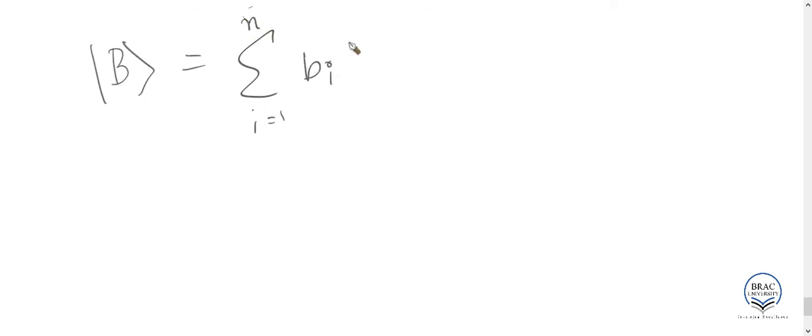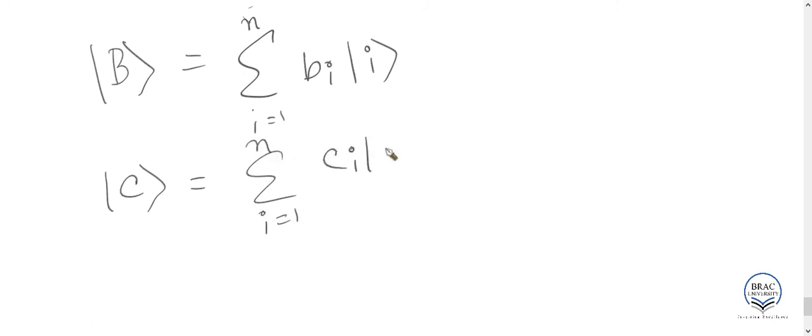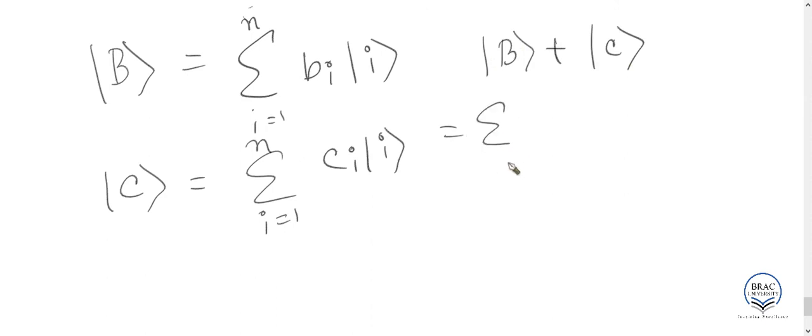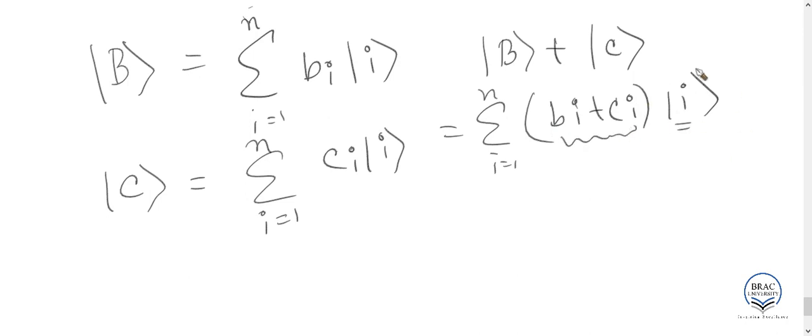Let's say we have another vector called c, written in the same basis as the sum of c_i e_i, and if I want to add them, I simply write down this whole thing, and it will be something like this. So when you write two vectors in the same basis, you can add them component wise.